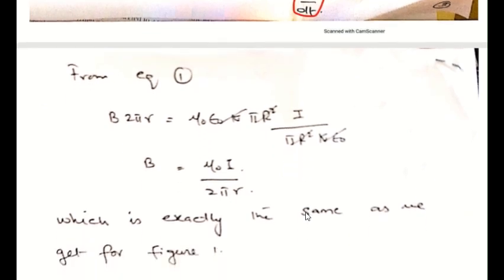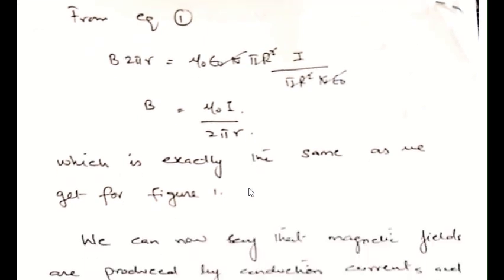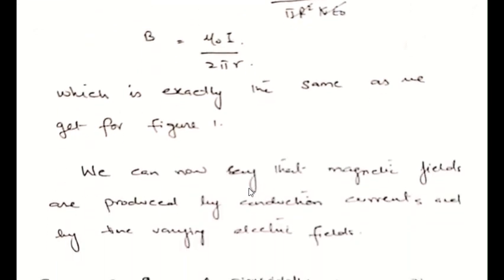Cancelling the terms which are common in the numerator and the denominator, you'll see that we get B equals mu naught I over 2 pi r, which is exactly the same as we get for figure 1. So we can now say that magnetic fields are produced by conduction currents and the time varying electric field. So the problem which Ampere and Faraday failed to solve was solved by Maxwell by introducing an additional term known as the displacement current.